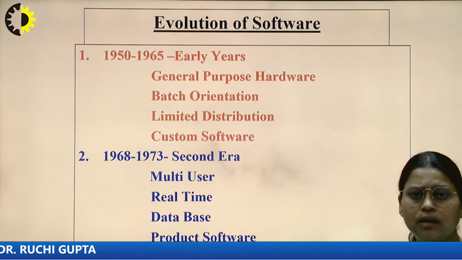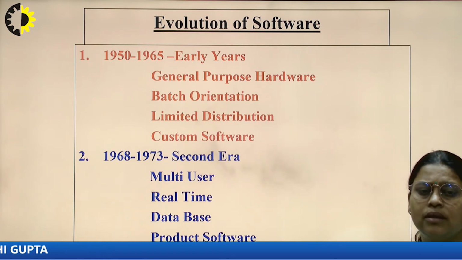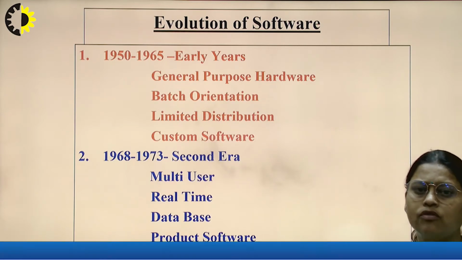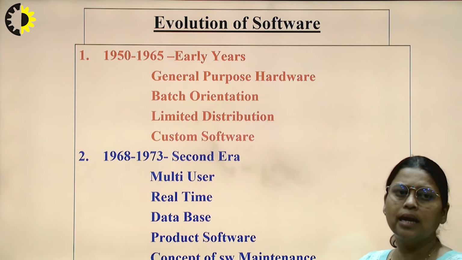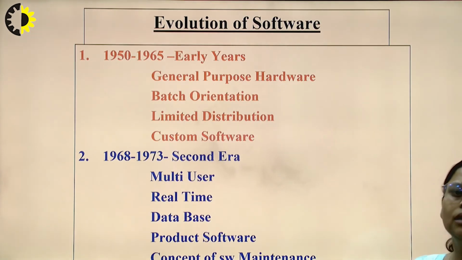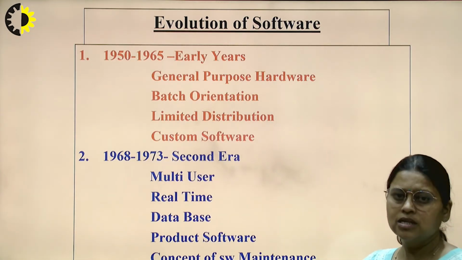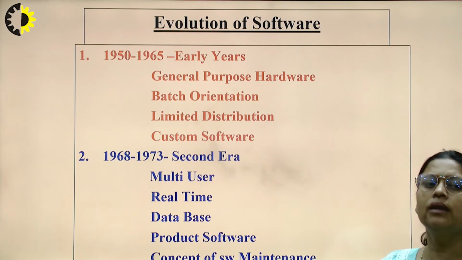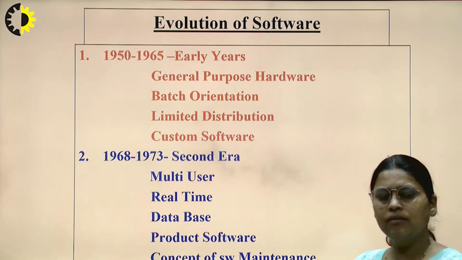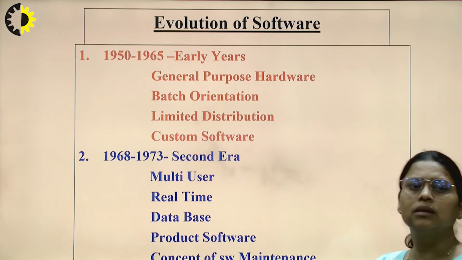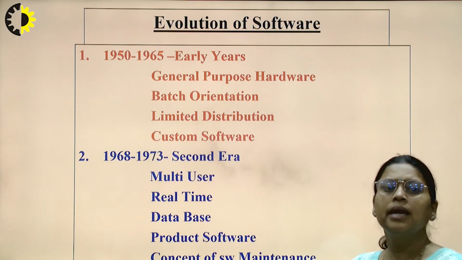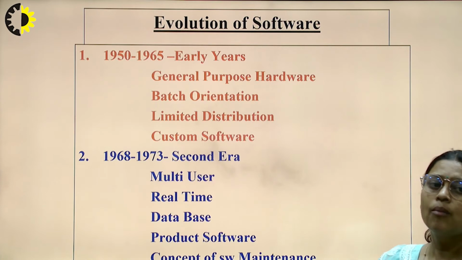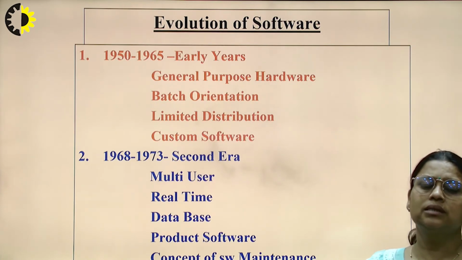Now further there was some improvement in software implementation. Then we entered the second era, 1968 to 1973. This is called the second era of software. In this era, we developed multi-user systems, various real-time softwares, database softwares, and productive softwares.